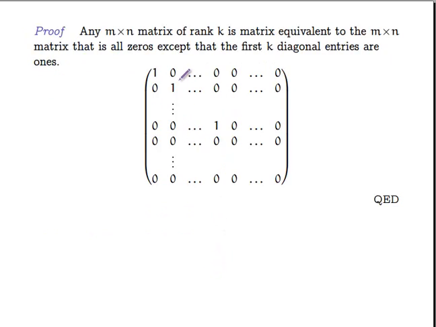Okay. All right, now, any m by n matrix of rank k is matrix equivalent to the m by n matrix of all zeros except the first k diagonal entries are ones. How do you do this? Basically, what you do is you row reduce to row echelon form.